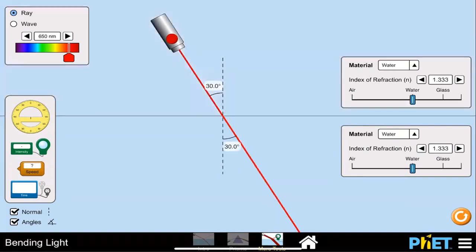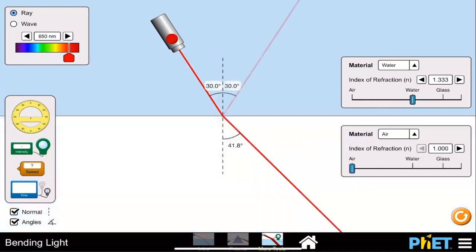Okay, so we are going to change one material. So we have water as the first material and then the second material here. So we have water, water, no reflected ray and no refracted ray. So the second material will be air. So we have 41.8 degrees of refracted angle.